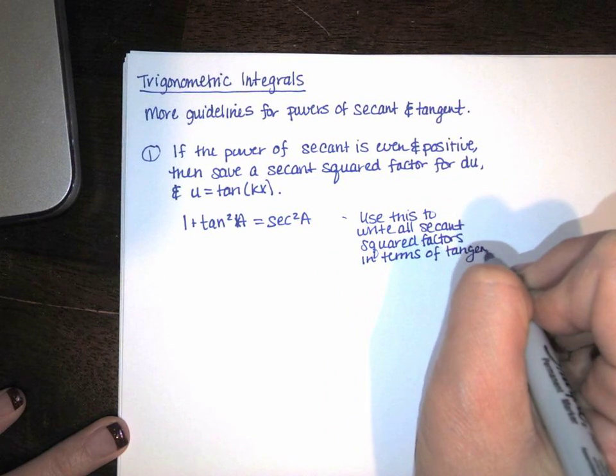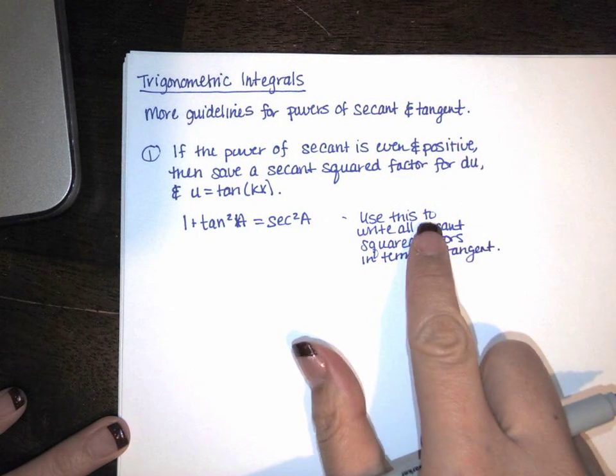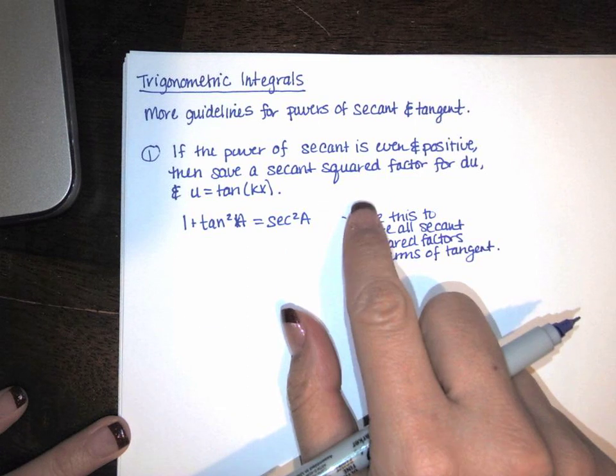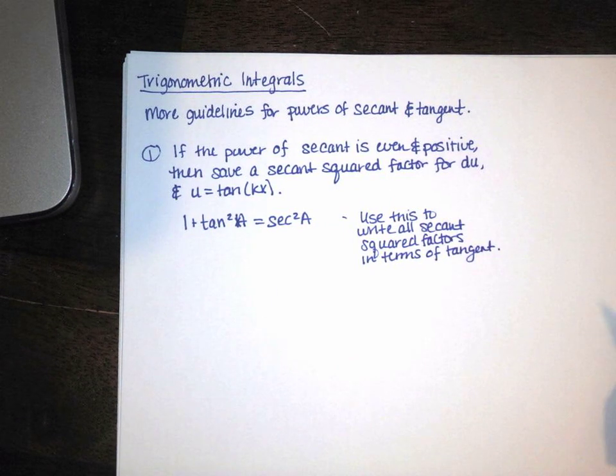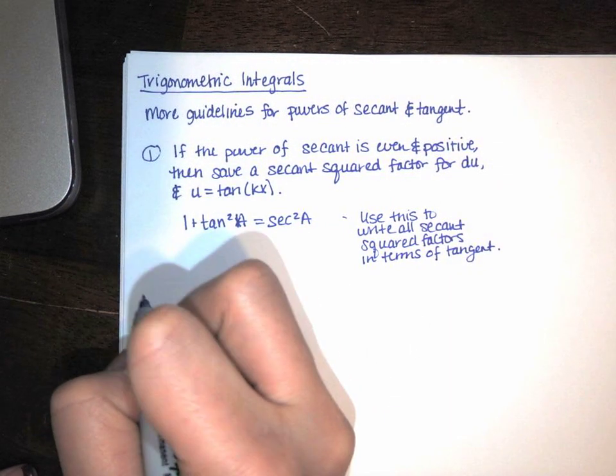And that is, we're talking about the secant squared factors that have not been saved for du, so the ones that we've been leaving in brackets in the other videos.